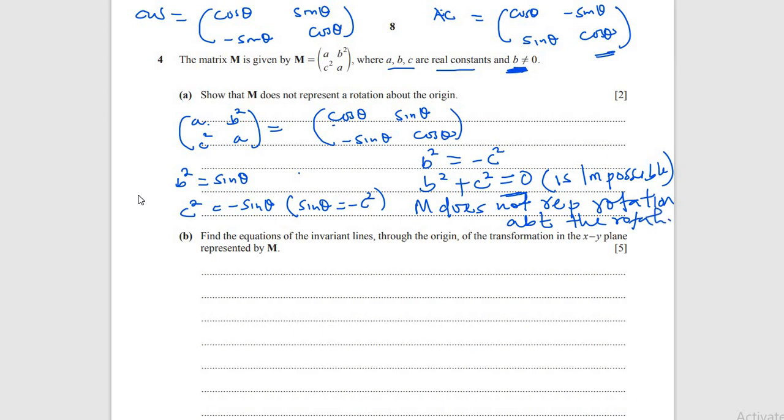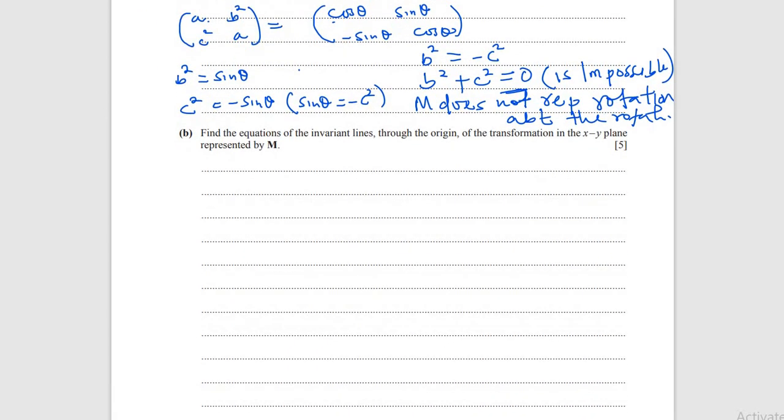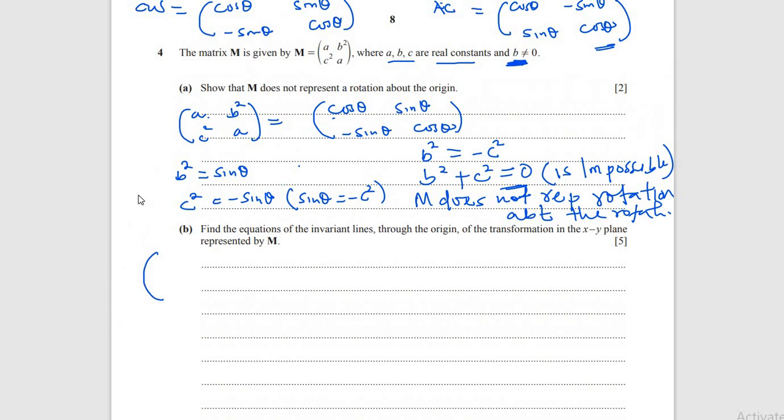Now the second one: find the equation of the invariant line through the origin of the transformation of the xy plane represented by M. You know what to do for invariant. The matrix is [A, B square; C square, A] multiplied by [x, y], equal to [x, mx].